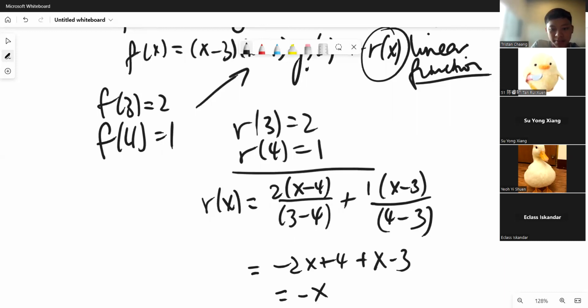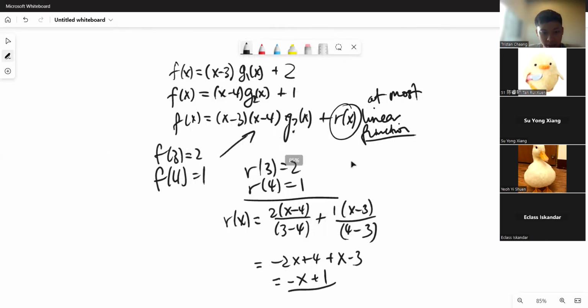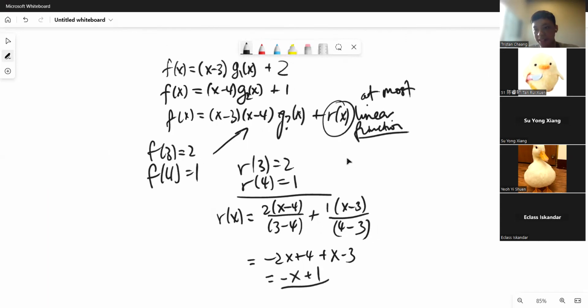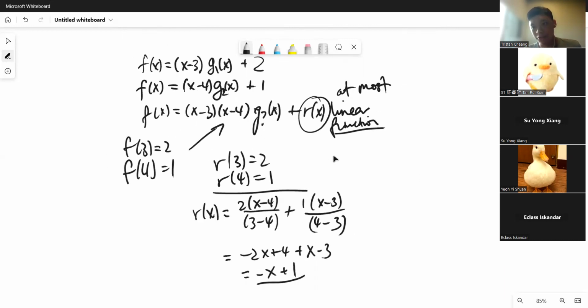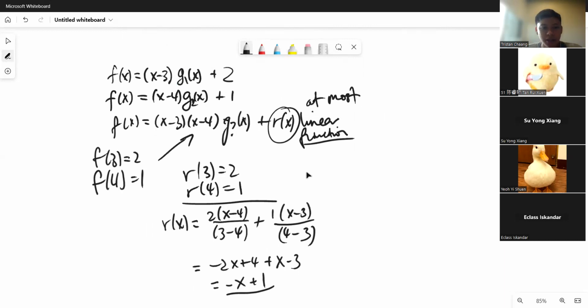So that's minus x plus 1. So the problem is basically saying find a polynomial of degree at most 1 such that R(3) is 2, R(4) is 1. If you want to use this method, there are probably other methods, for example, writing g(x) in terms of x minus 4 times blah, and then substituting in. That works as well.